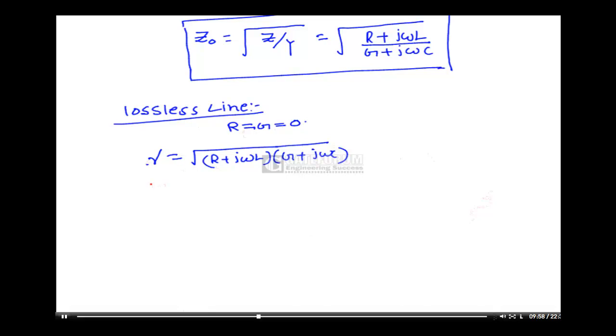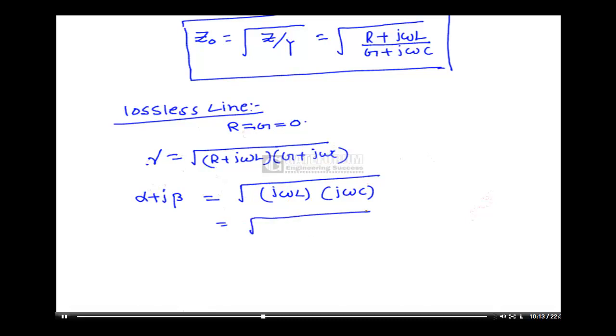Then gamma is equal to alpha plus j beta is equal to the square root of j omega L into j omega C, which is the square root of j square omega square LC. So I can take j omega out: j omega square root of LC. That is nothing but alpha plus j beta.